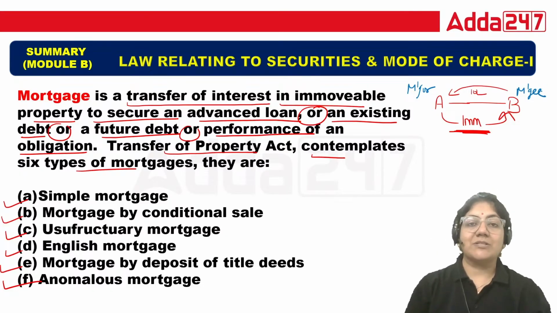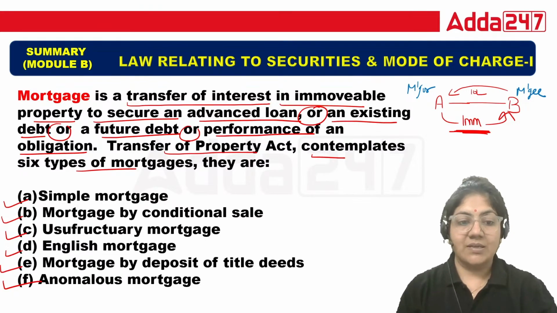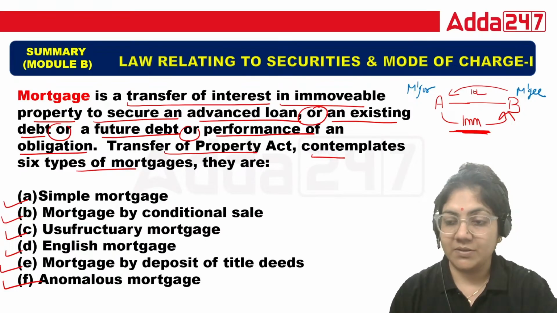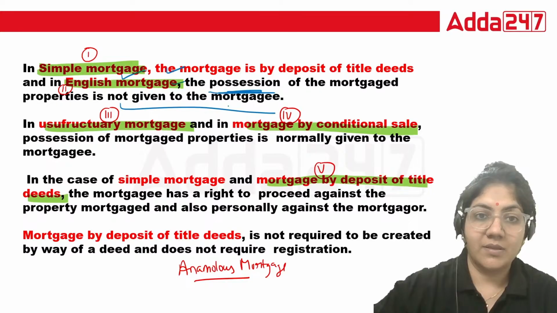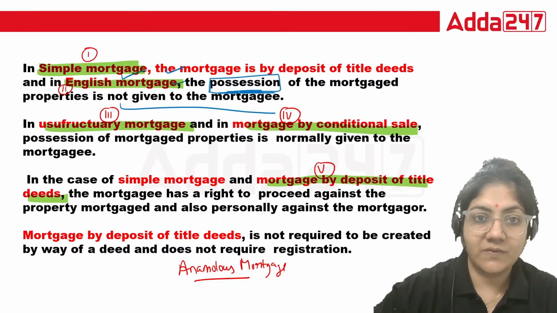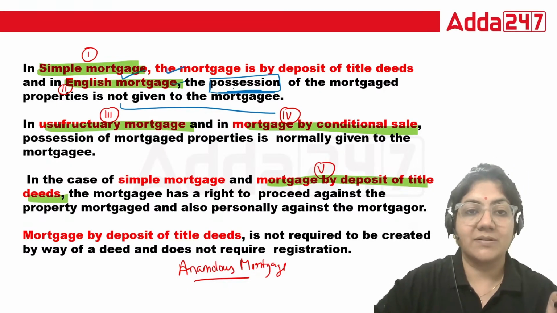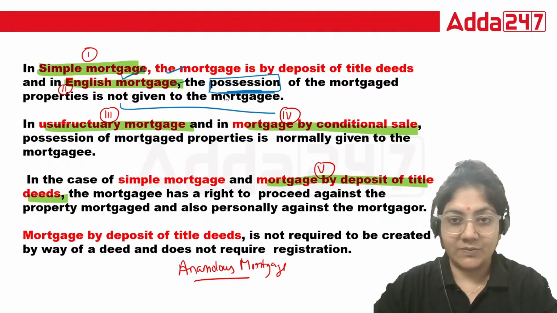Mortgagee. A very simple definition. Mortgagor and mortgagee. Is that clear? Done. So this is the concept of the term mortgage. So the possession is not given to the mortgagee, that is the comparison between simple and this one.